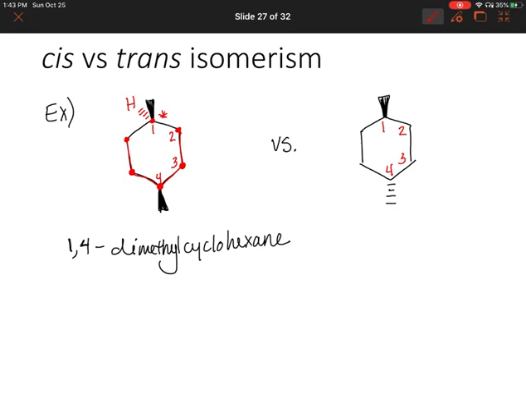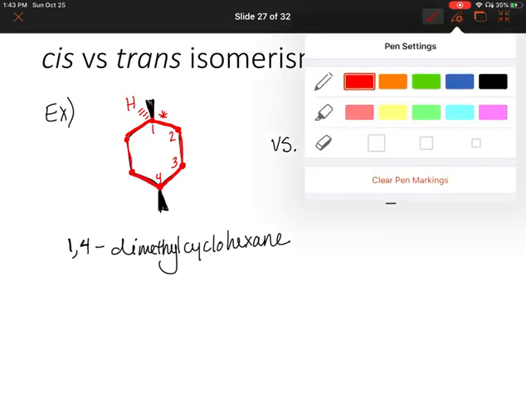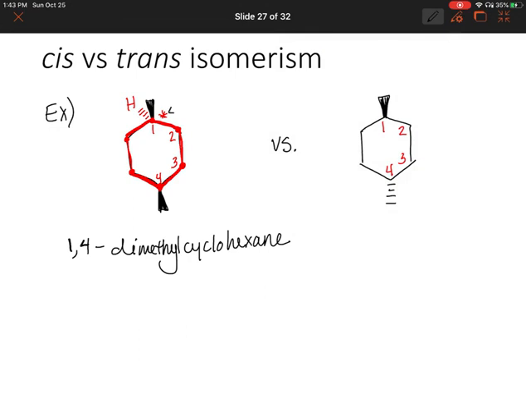So we actually have the same connectivity on both sides. So that's actually not a stereocenter. Because carbon 1 is bonded to 2 of the same groups.